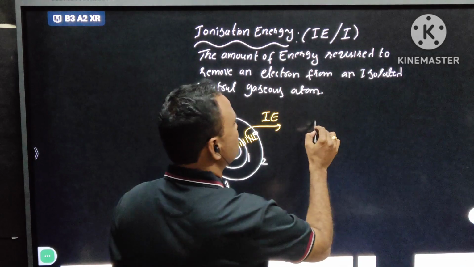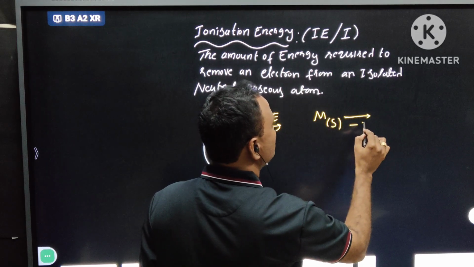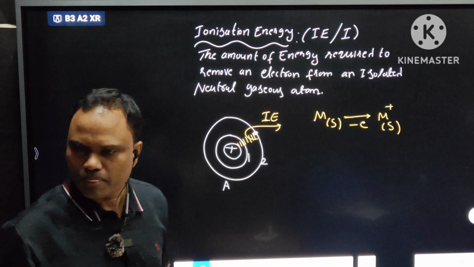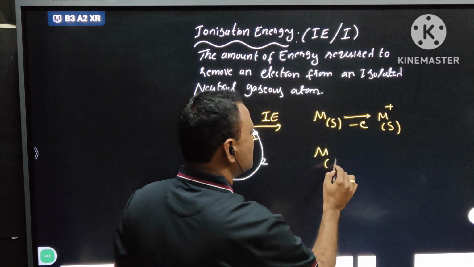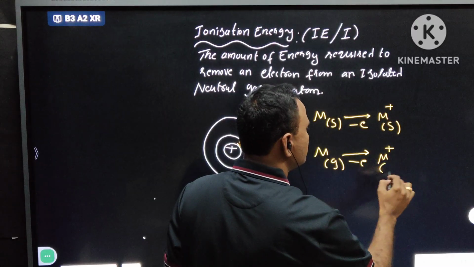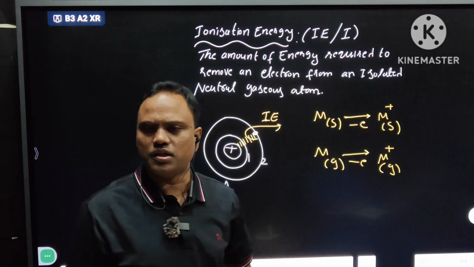For example, look at this. M solid, we are removing an electron. M gas, here also we are removing an electron. In which case is the energy required to remove the electron called ionization energy?